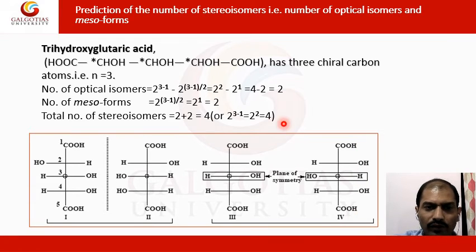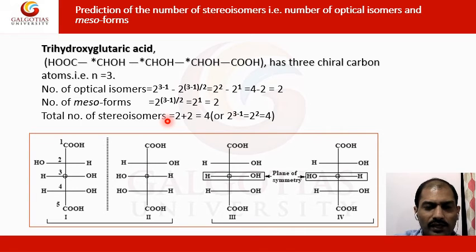So if the chiral centers are more than 2, then how can we calculate the optical isomers, meso forms and stereoisomers? This overall practice shows that by applying the simplest approach, we can calculate the total number of stereoisomers.